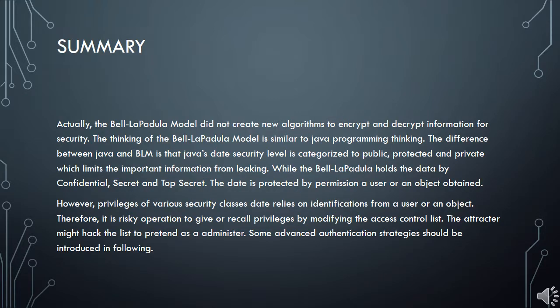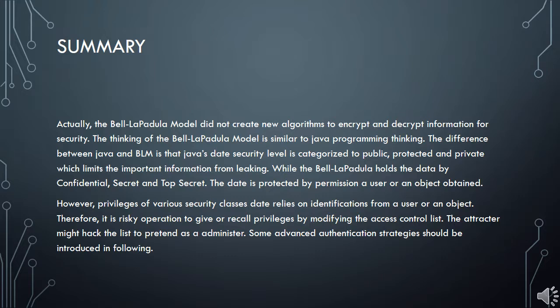In the final section of this presentation, I will give a summary of the Bell-LaPadula model. Actually, the Bell-LaPadula model did not create new algorithms to encrypt or decipher information for security. The thinking of the Bell-LaPadula model is similar to Java programming thinking.